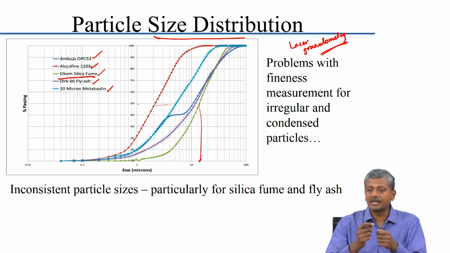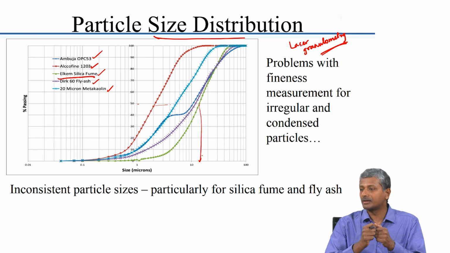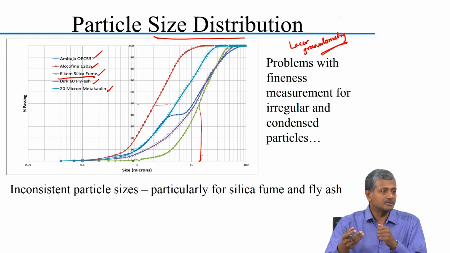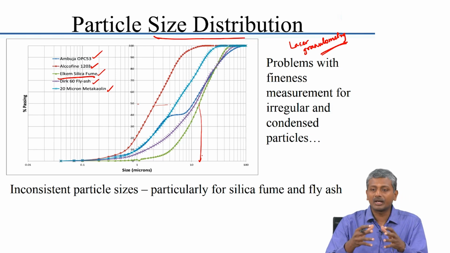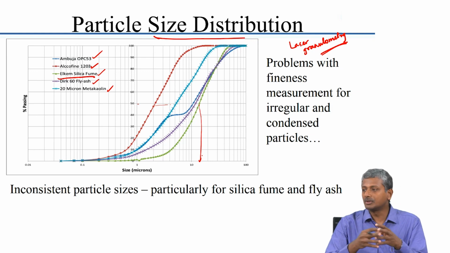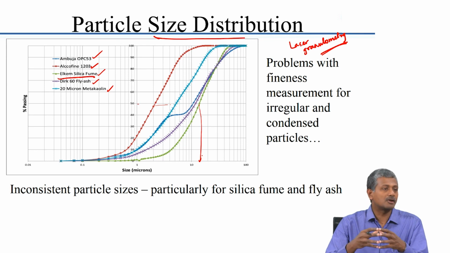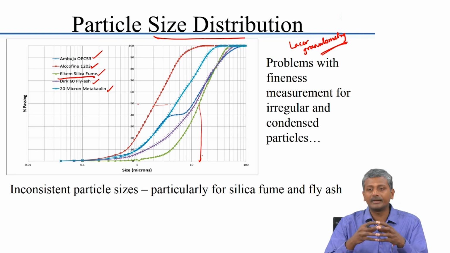That attrition usually helps to break down the silica fume particle. And of course, you also have a superplasticizer in a concrete system which can further disperse the individual particles, and that will help you get a better estimate of your overall particle sizes that you can get in the system. Unfortunately, with laser granulometry, you can't do all that. So, you might end up giving a very erroneous information with respect to the characteristics of this kind of material.